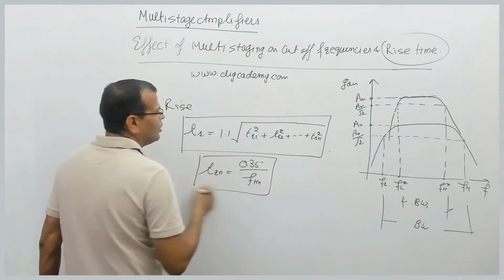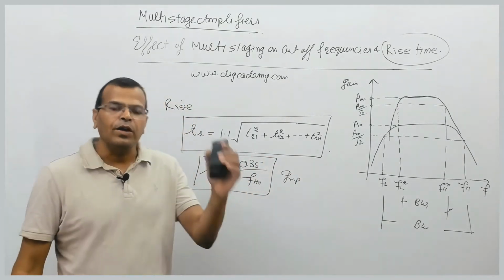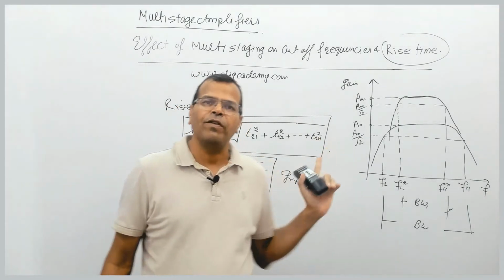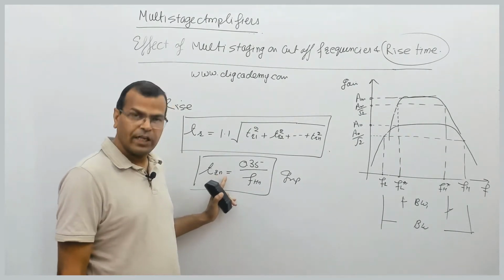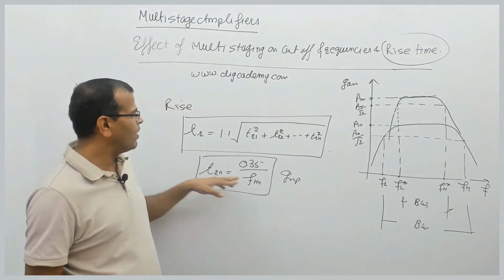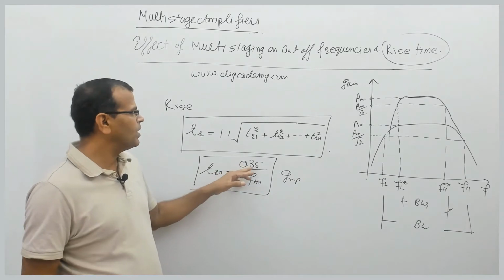I already talked about this formula in the frequency response. You can go through the frequency response and you will find this formula there, the rise time of an amplifier. I have derived the expression as well. Fine. So the rise time of any stage, TR1, is 0.35 by FH1. TR2 is 0.35 by FH2.